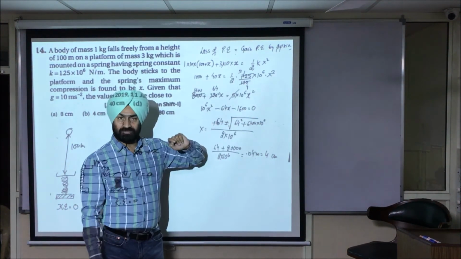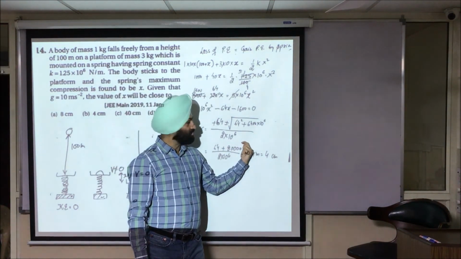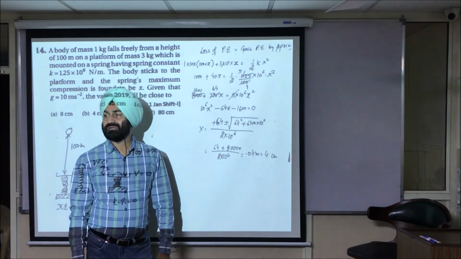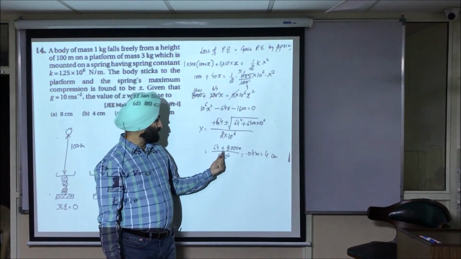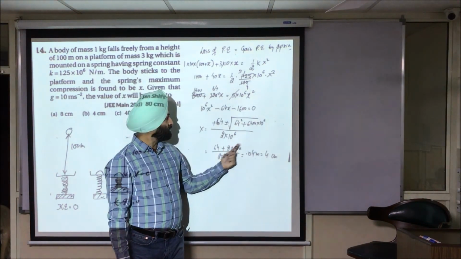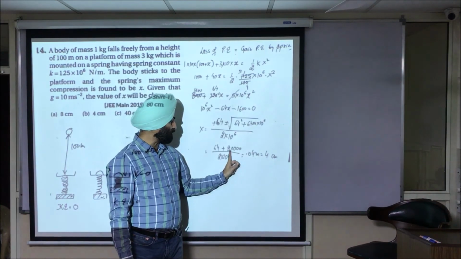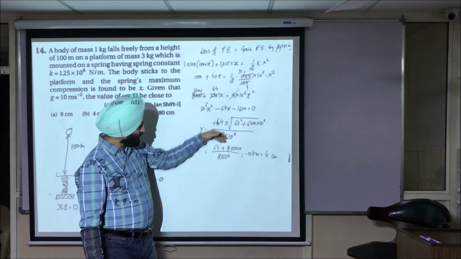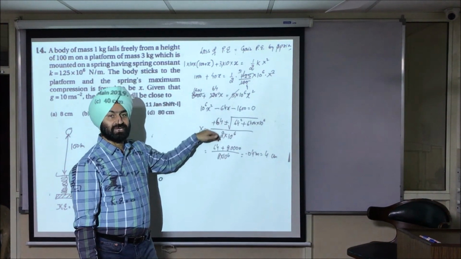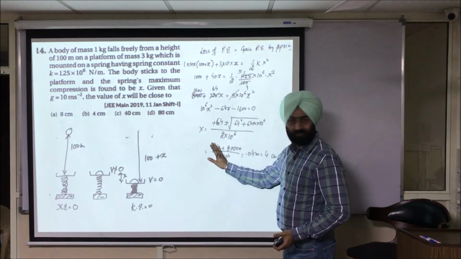Root of 64, root of 100, 10, root of 10 power 6. So how much? 8, root of 64, 8, 10 power 3 and 10 power 1, 10 power 4. Again a comparison between Reliance and a beggar. You can leave the beggar, no problem.